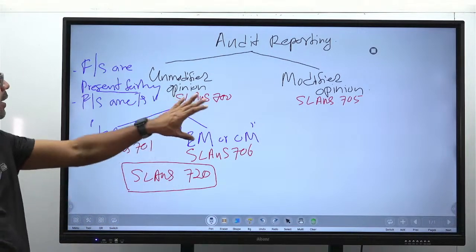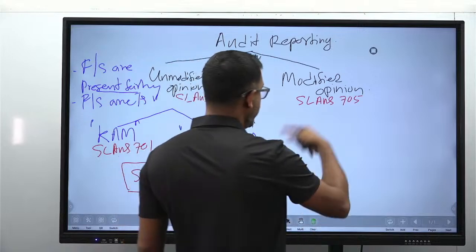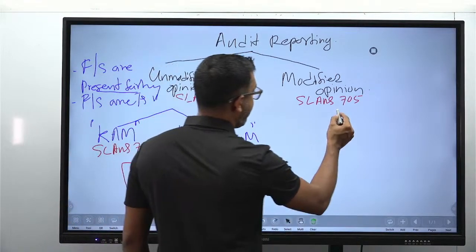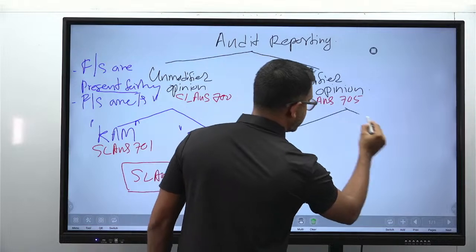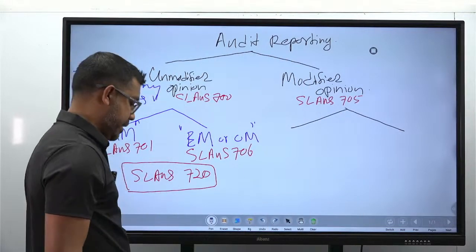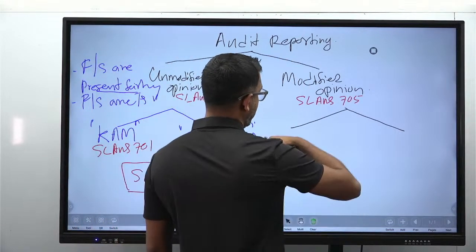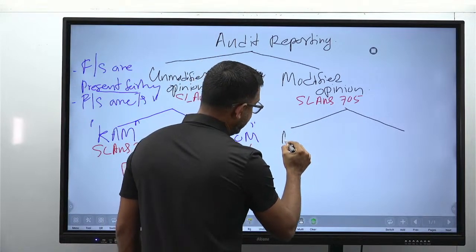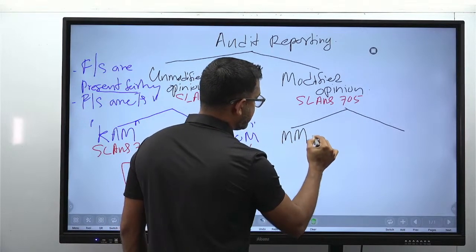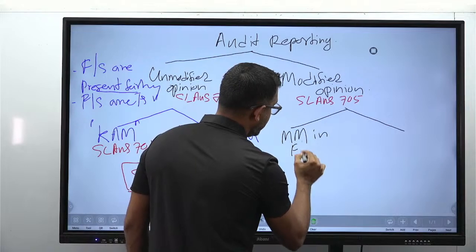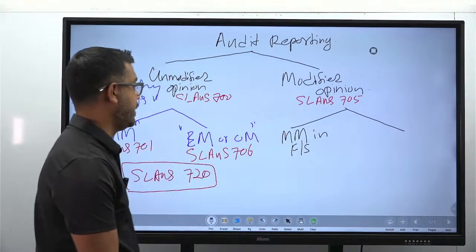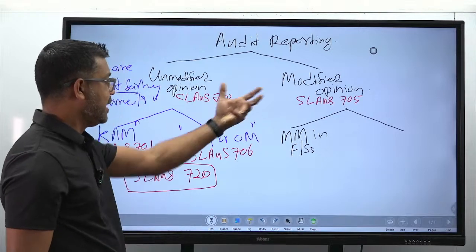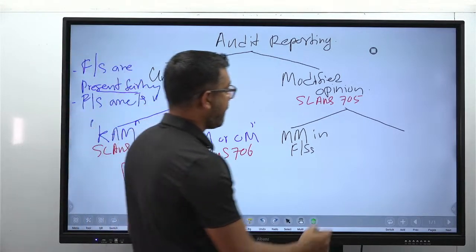Fine. Then when it comes to modified opinion, the auditor will modify the opinion because of two reasons. One aspect of modification is you have found material misstatements in the financial statements. The other side of modification is what?